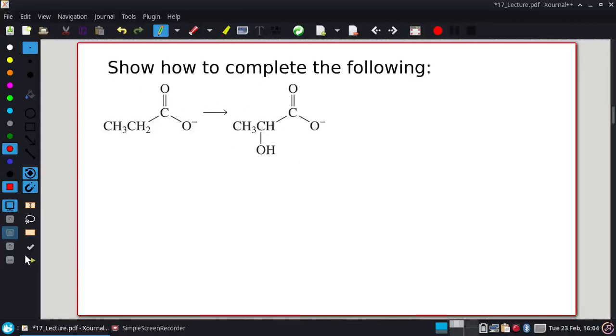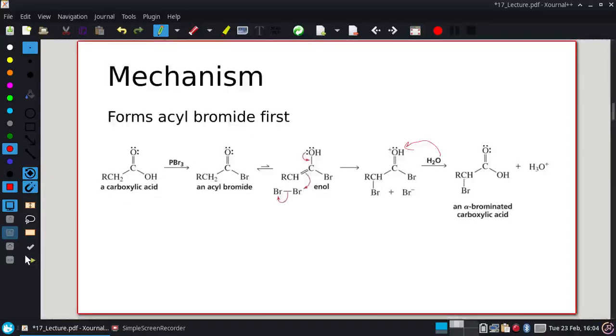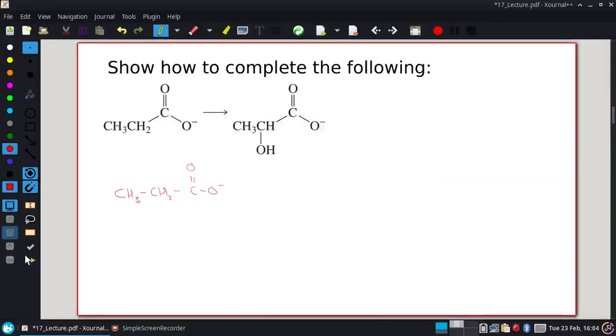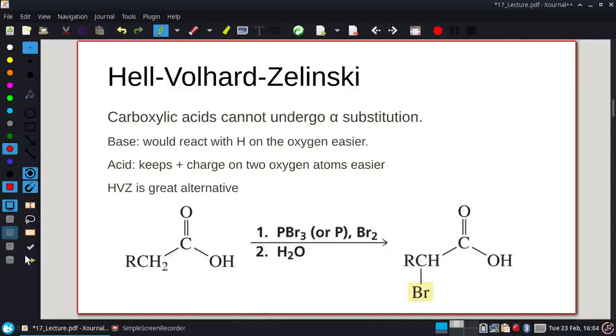All right, so how would we put an OH there? What we are going to do is that reaction we just showed. So the HVZ, so it's PBr3 and Br2 followed up with a little bit of water.